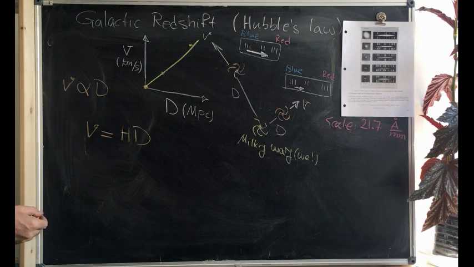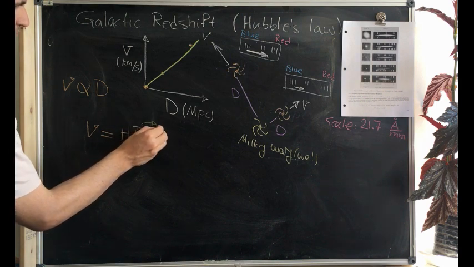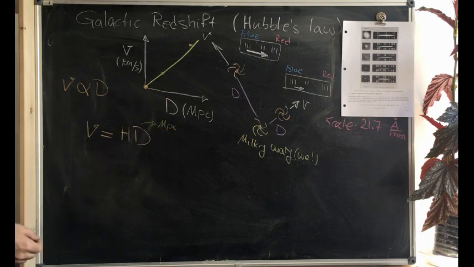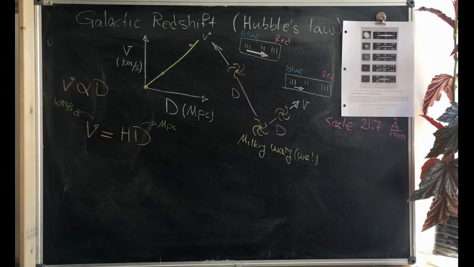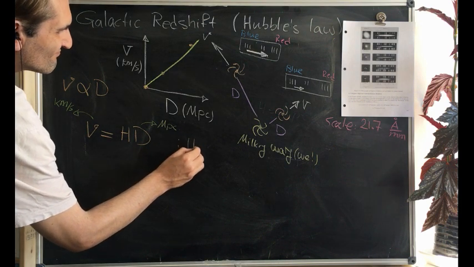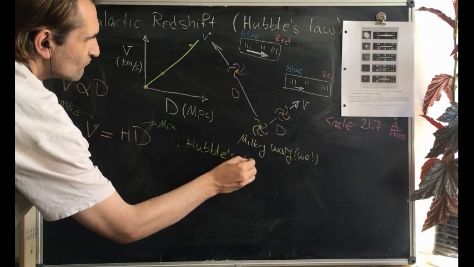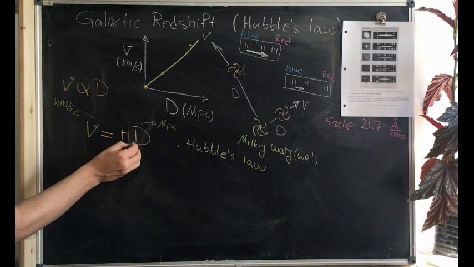This is Hubble's law. For distance, in this case, we use megaparsec. That's a huge distance. For velocity, we use kilometers per second. Basically, velocity is proportional to distance is Hubble's law.